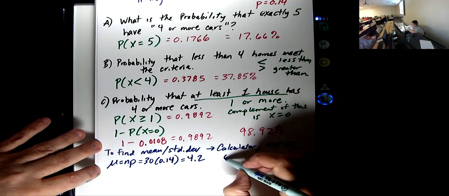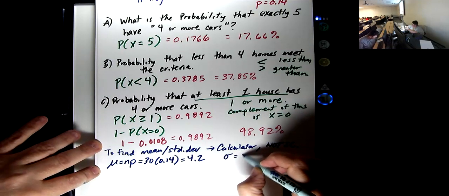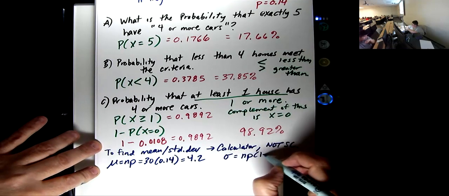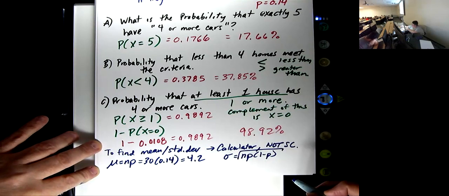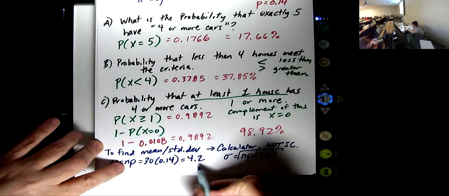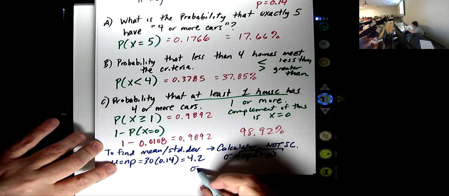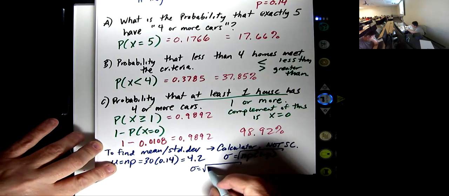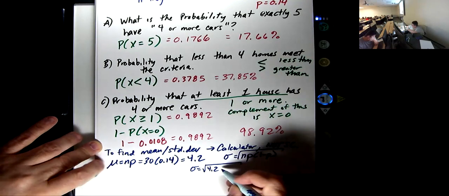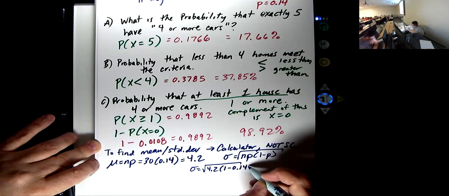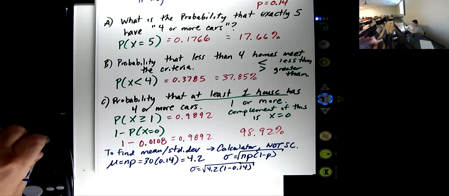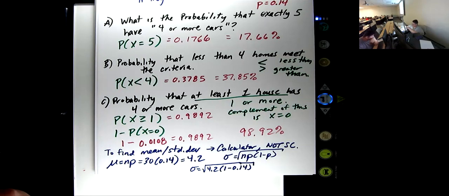The standard deviation was N times P times 1 minus P, then the square root. I've already done N times P, so that's the square root of 4.2. That's my N times P. Then 1 minus P is 1 minus 0.14. Times parentheses 1 minus 0.14.